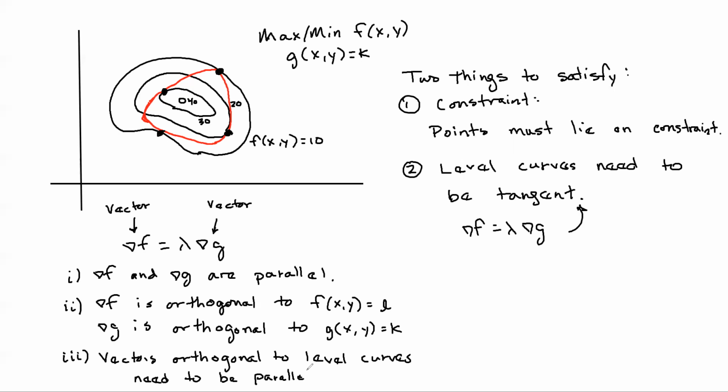All right, does that make sense? So if we have gradient of f is orthogonal to f, and gradient of g is orthogonal to g, and gradient of f needs to be parallel to gradient g, then the vectors that are orthogonal need to be parallel.